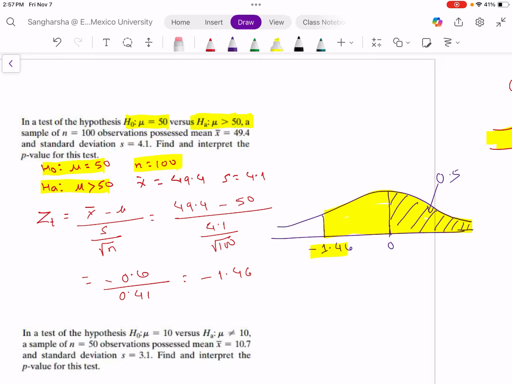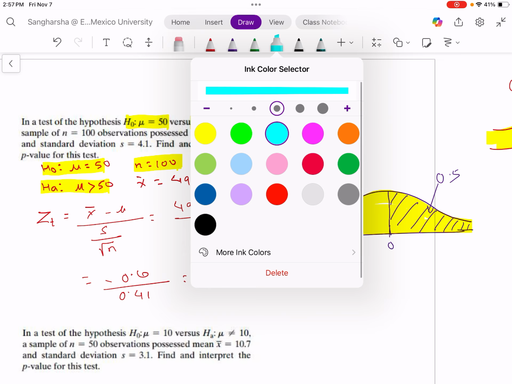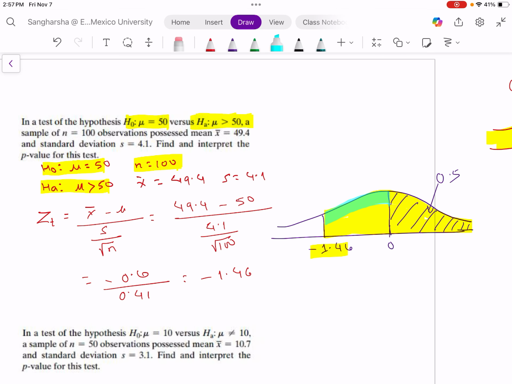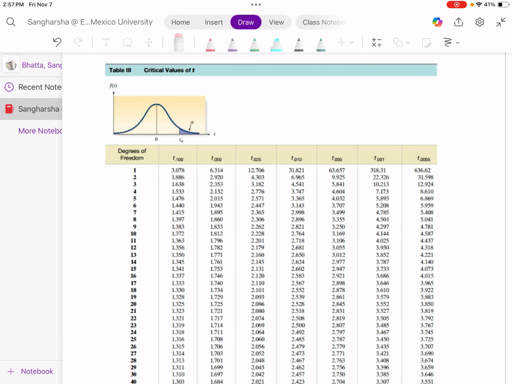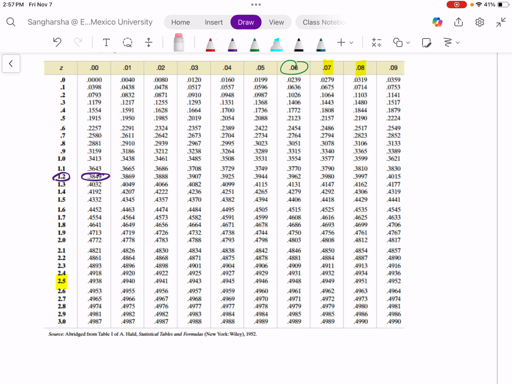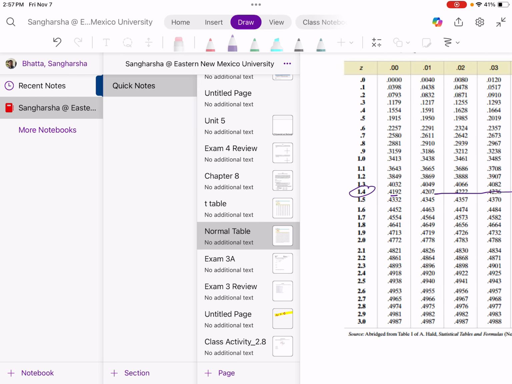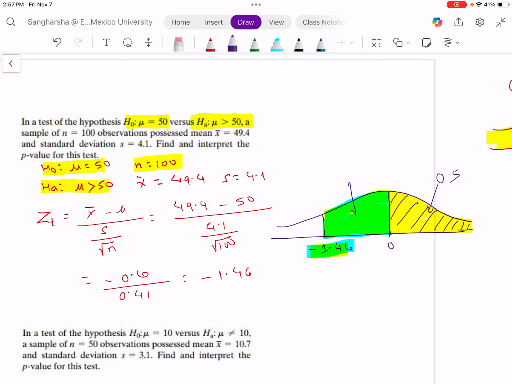Now let's find the area. Let's find this area from our normal table. We look at z equals 1.46. So 1.46 is here, 0.4279.